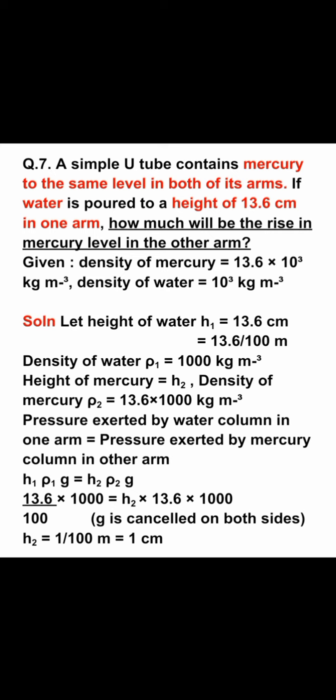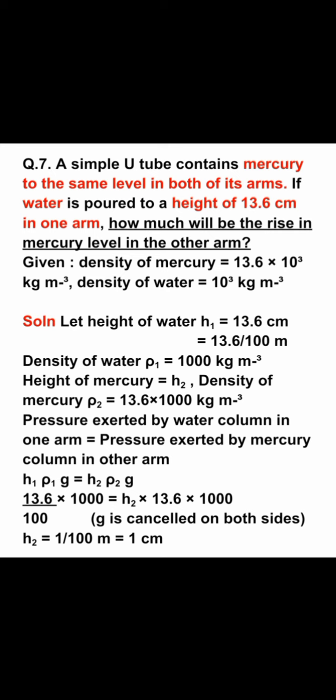Let the height of water be H1 equals 13.6 centimeter. Since here the density of mercury and density of water are given in kg per meter cube, we will convert 13.6 centimeter into meter by dividing it by 100.